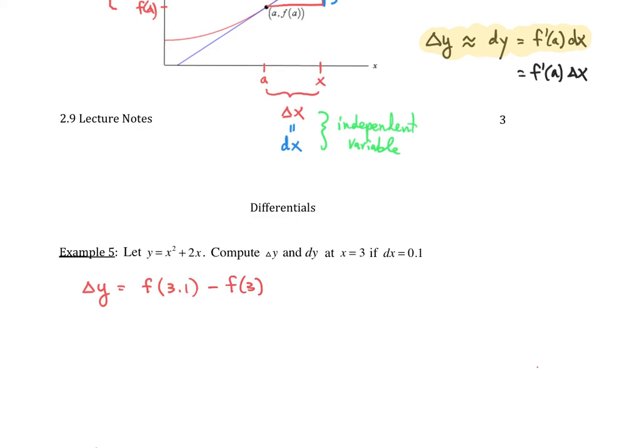Okay, and I'm just going to plug each of those numbers into my equation. So my equation, I'm thinking of this as f of x is equal to x squared plus 2x. So plugging into my calculator, I get that f of 3.1 is 15.81, and f of 3 is 15.